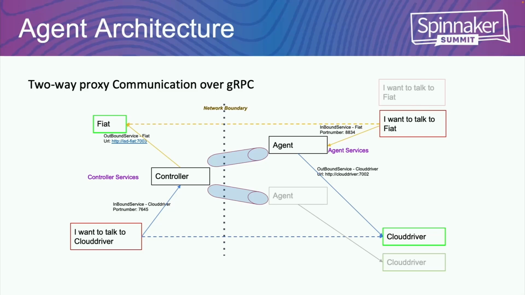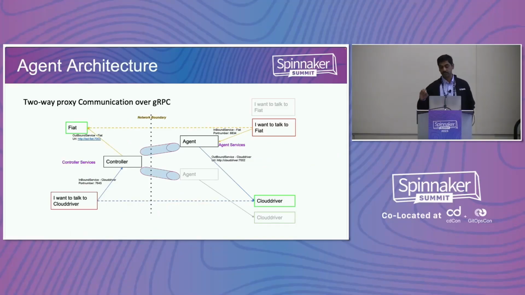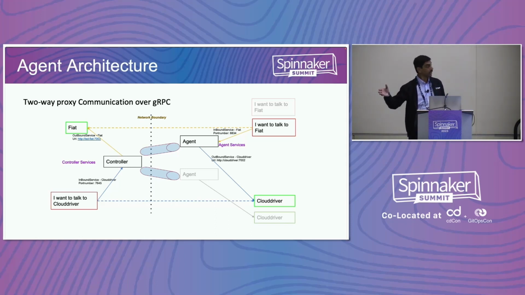So you can have other Spinnaker services running remotely, for example a Clouddriver. You can take the Clouddriver instance and run it remotely. We know that Orca and Gate, for example, will connect to Clouddriver, and they will go through the controller. At the same time, when the Clouddriver wants to deploy something, it needs authorization, so it needs to talk to Fiat.